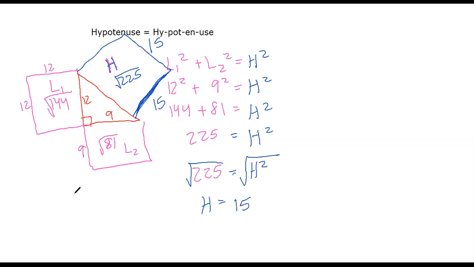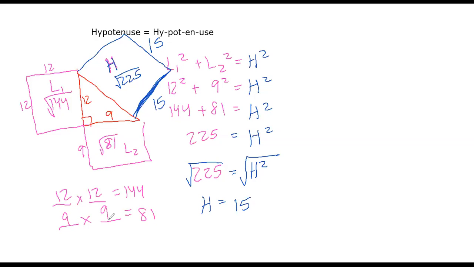Okay. So something times something equals 144. That was 12. Something times something equals 81.